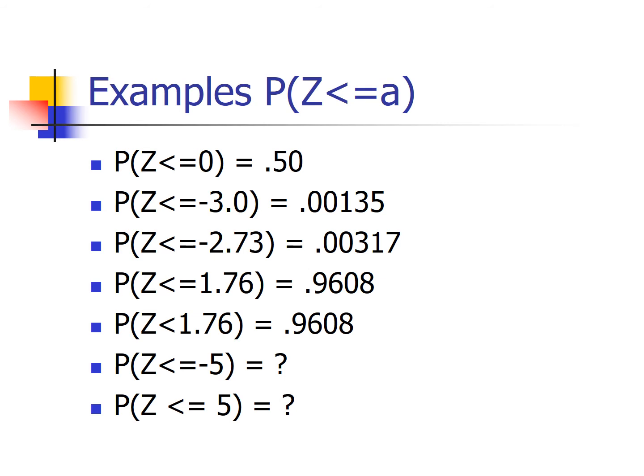Positive 5 is way over in the rightmost tail, and we want everything to the left of that. So if you color that in, you're coloring in almost the entirety of the bell curve. So that's close to 100%. Not exactly 100, but very, very, very close. Almost immeasurably different than just the value 1.